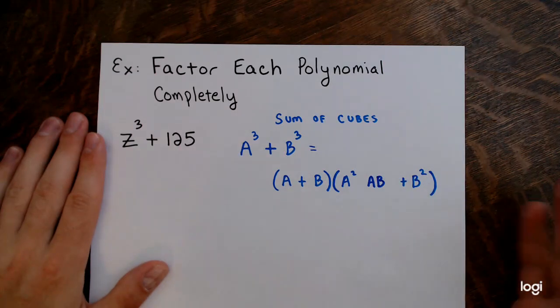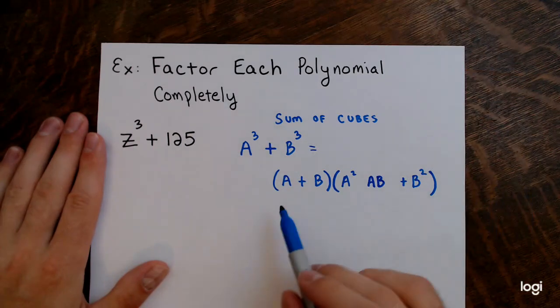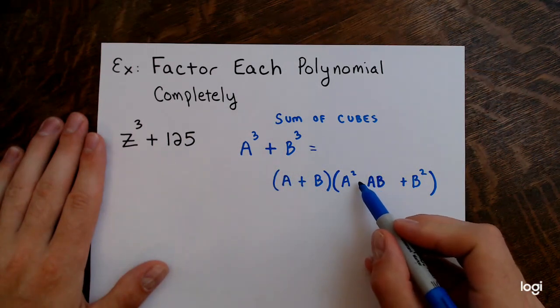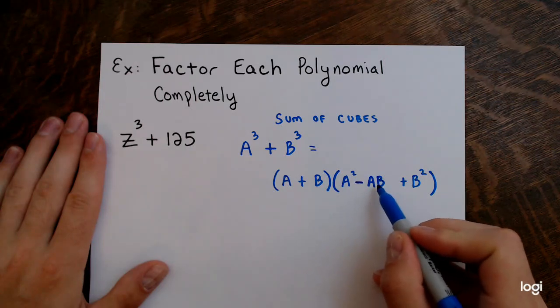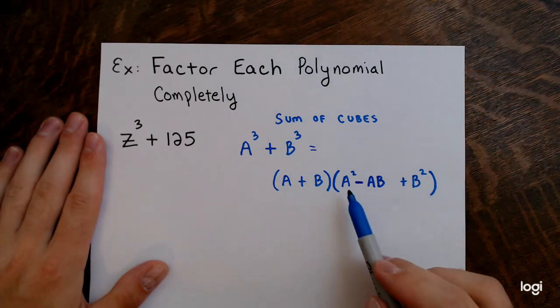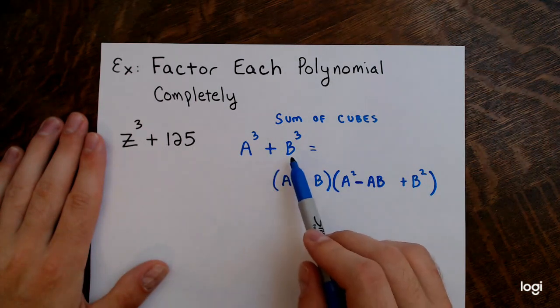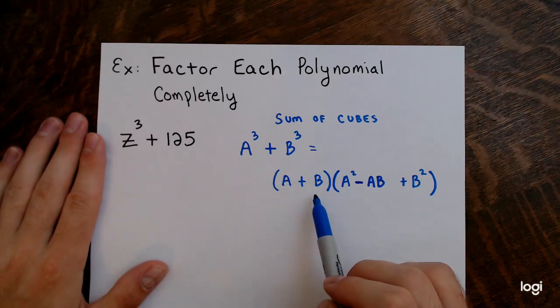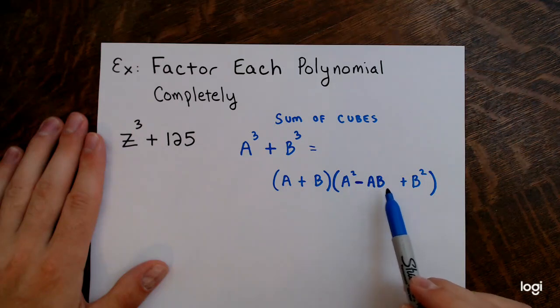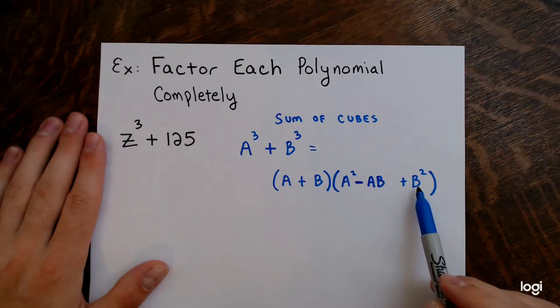And then one last little thing to make sure that when I multiply we get a cubed plus b cubed and no other terms: this sign before the second term in the second factor is minus. So a cubed plus b cubed factors to a plus b times a squared minus ab plus b squared.